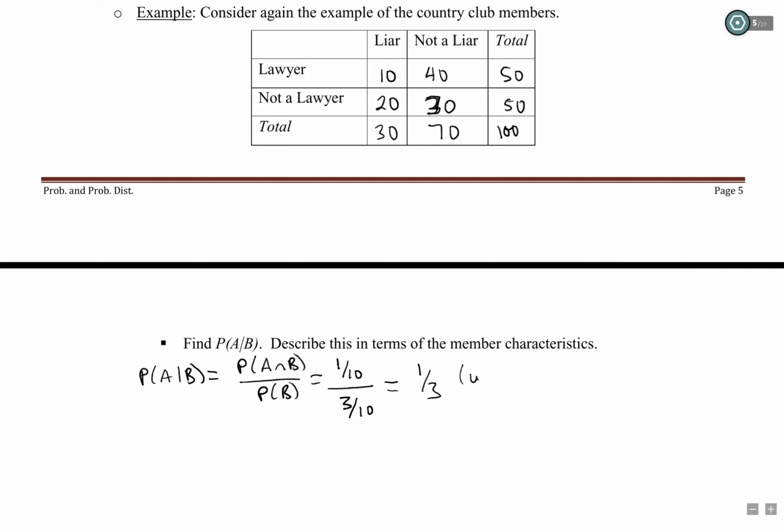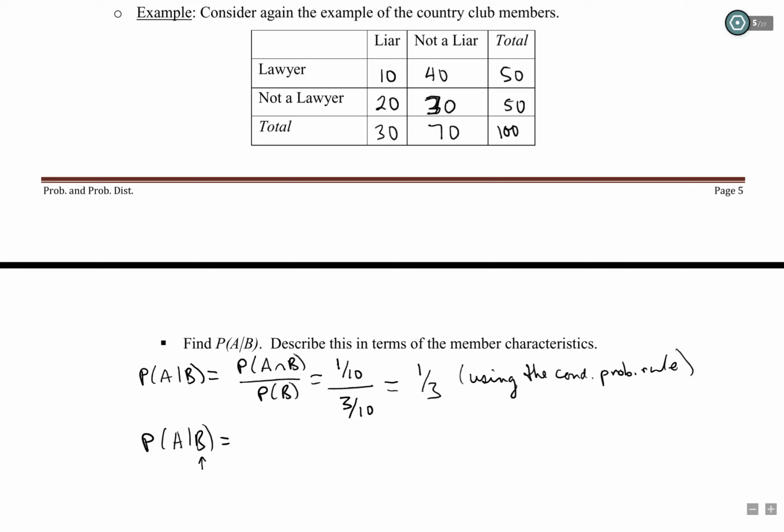What we've done here is we've used the conditional probability rule. We can also get P of A given B just by looking at the table directly. Given B has occurred, I'm dealing with just liars.